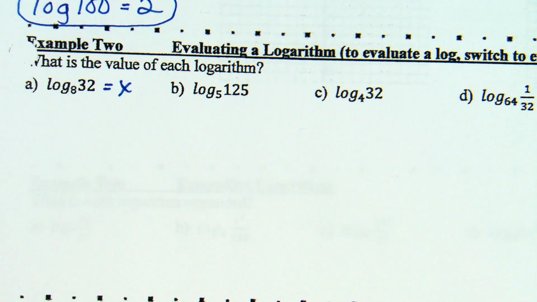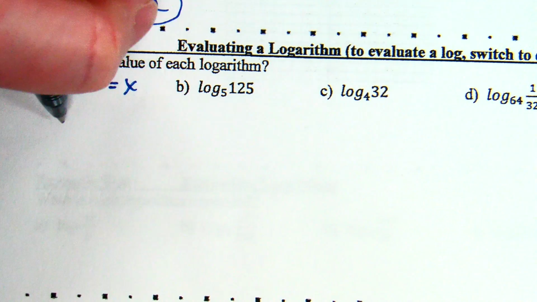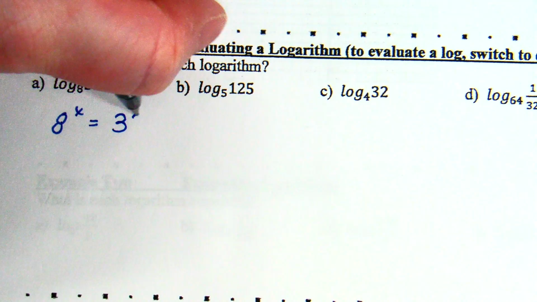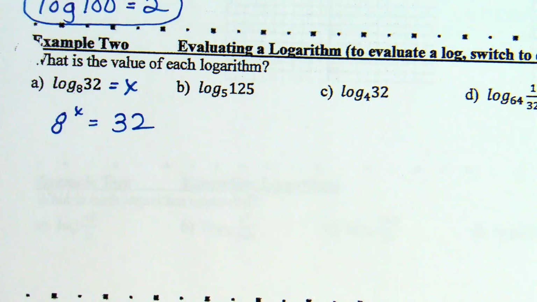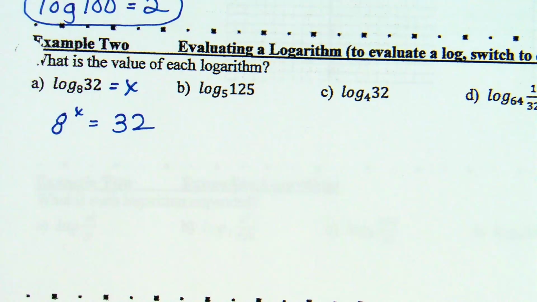Left, right, middle. So it's what? Yeah, 8 to the power of x equals 32. Okay, so base 8 raised to the power of x equals 32. Left, right, middle. So now we're going the other way. Solve for x.